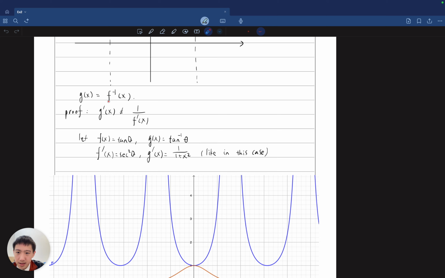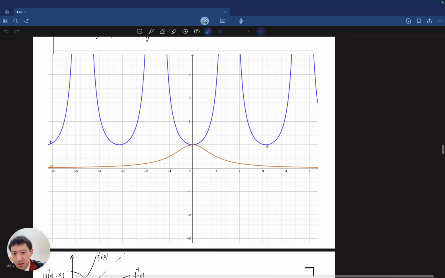If g(x) is the inverse of f(x), is the derivative of g(x) simply 1 over the derivative of f(x)? That's not true. Look at this counterexample. f(x) = tan θ, g(x) = inverse tan θ. If we find the derivative of these, it's like this. So are they inverses? Clearly not.